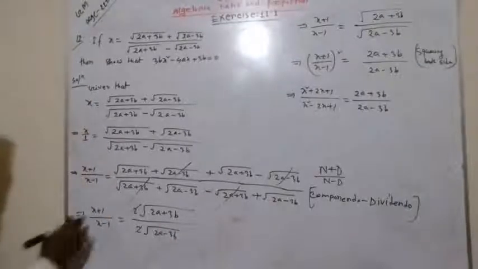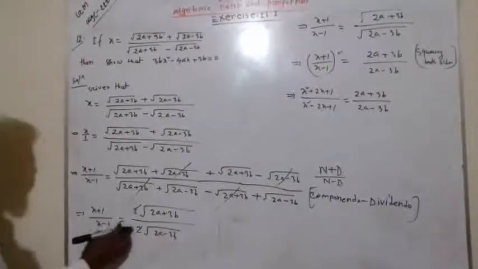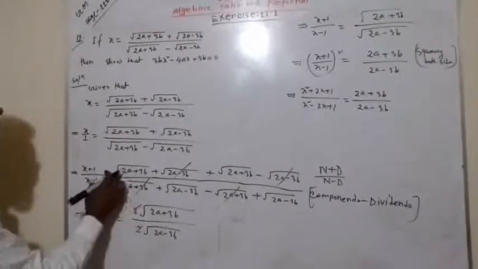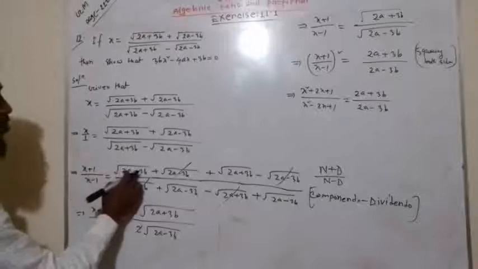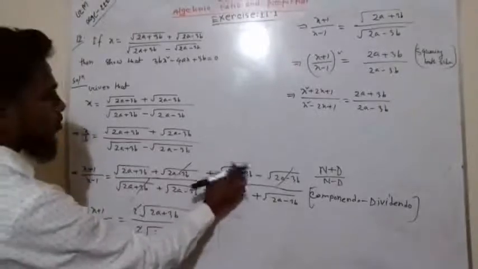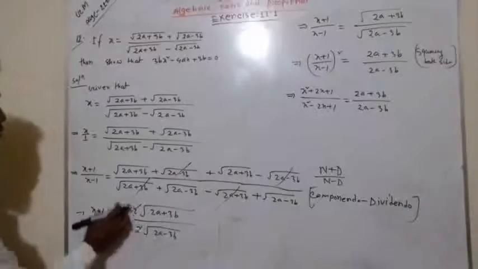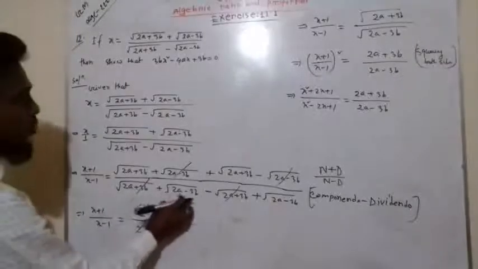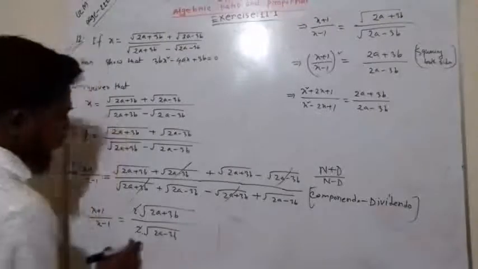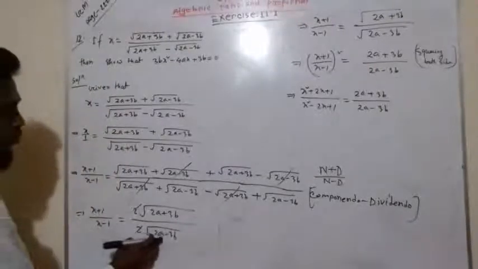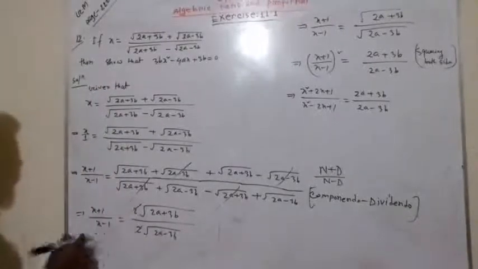So we can write (x + 1) divided by (x - 1) equal to 2 into root over 2a plus 3b, divided by 2 into root over 2a minus 3b. 2 and 2 is cancelled.